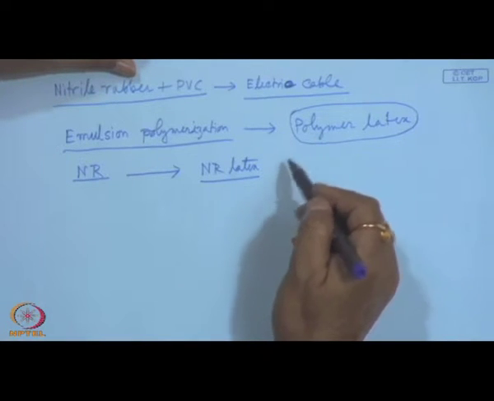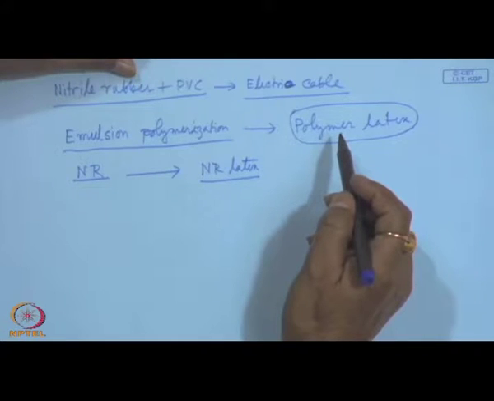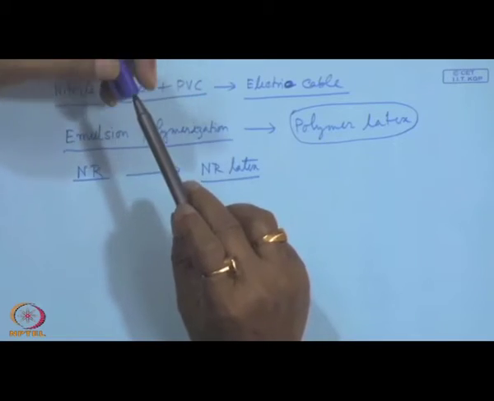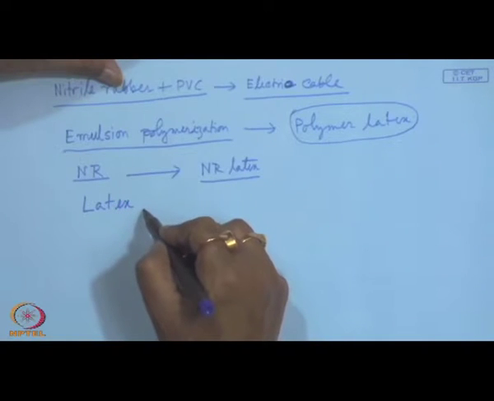Either we can isolate the polymer from the latex to get dry polymer, and you have seen mixing or blending of dry polymers involves huge machineries that need huge energy consumption as well as involvement of high energy shear mixing. We can avoid that if we go for latex blending. That means, blending at the latex stage.